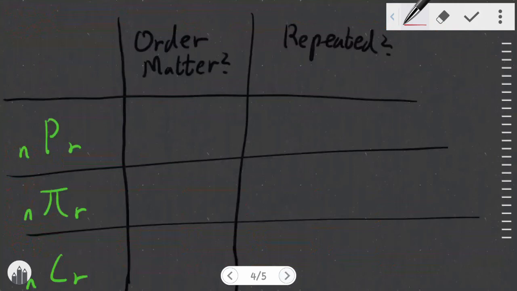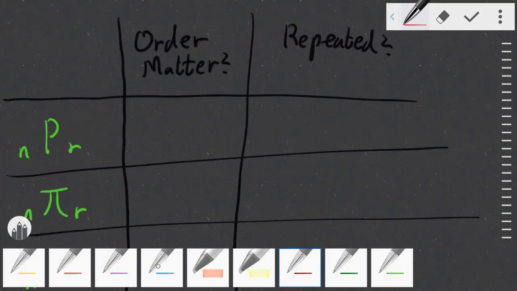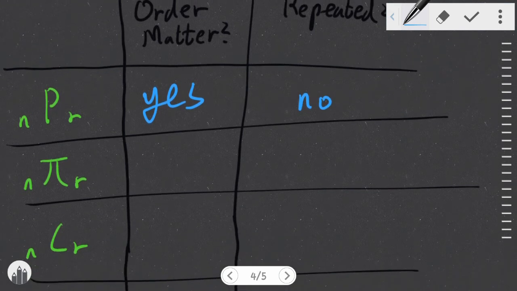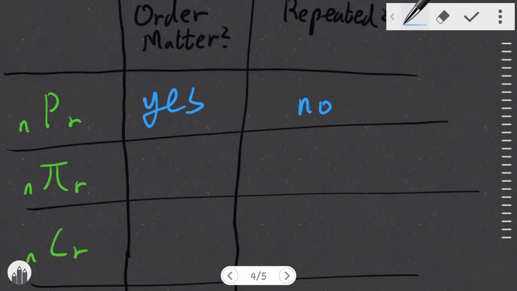So now let us organize which permutation and which kind of combination to use in different situations. Starting with permutation, does the order matter? Yes. Can it be repeated? No, nPr does not. And let's see the repeated permutation, nΠr. Does the order matter? Yes, it's a permutation.